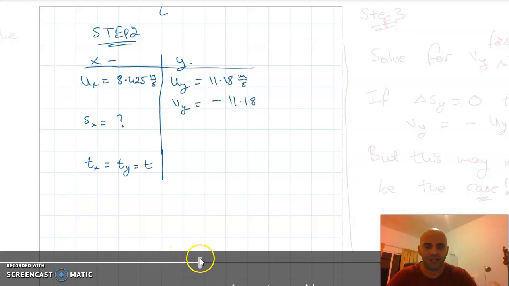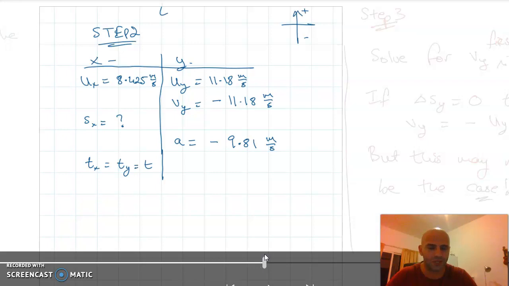I then list my y data separately. So the initial velocity in the y direction is 11.18 meters per second. Now I've listed here that the final velocity is negative 11.18 meters per second. I don't want you to list that necessarily, okay?